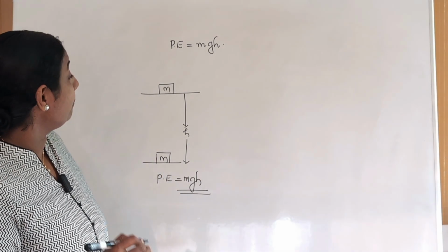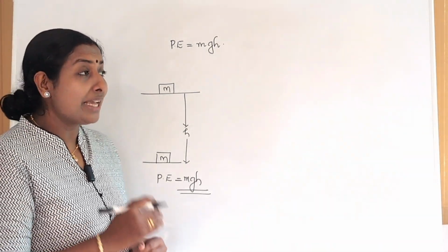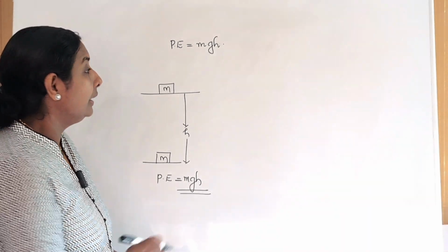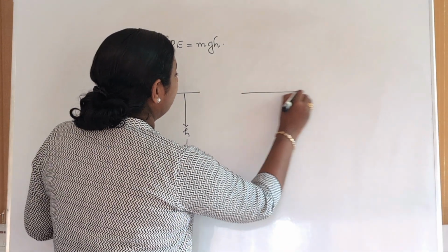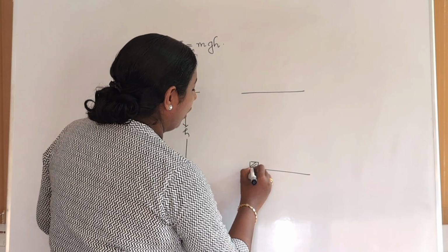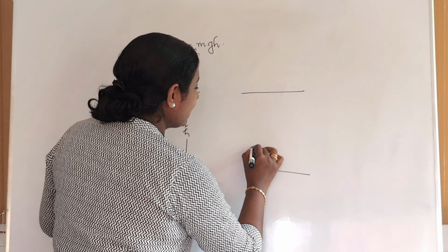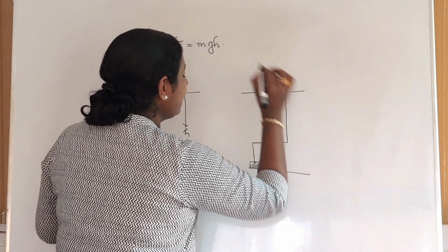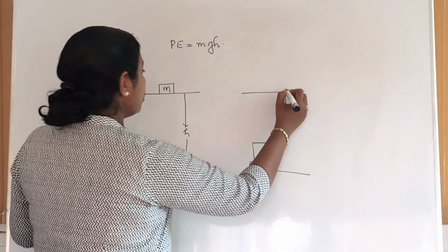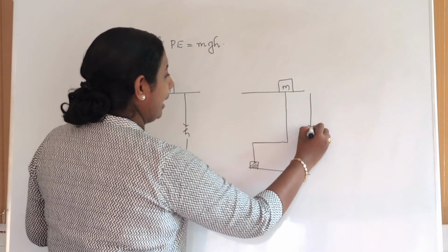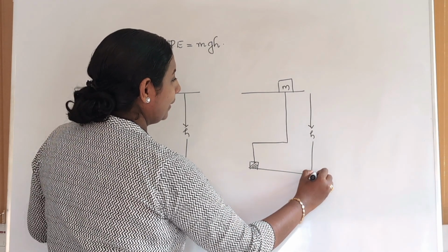Suppose the same body is taken to the same height but through a different path. That I will draw for you. Here there is the mass and we are going to take this mass through this step so that it reaches here, so that the vertical height remains h.